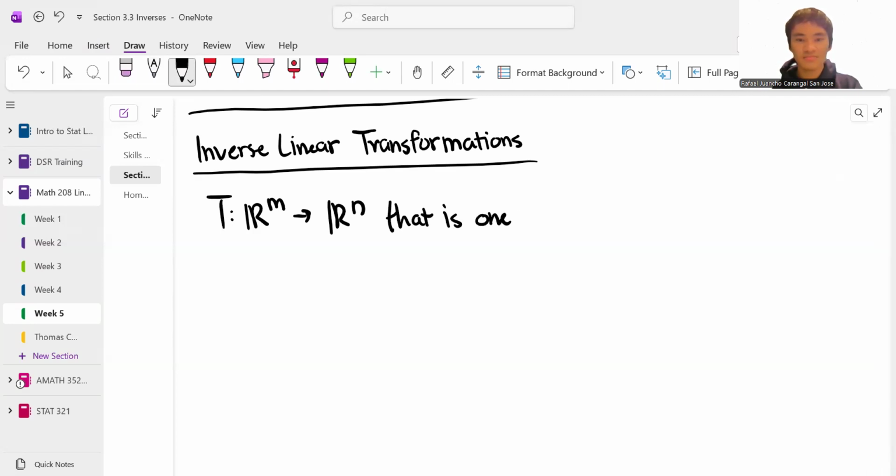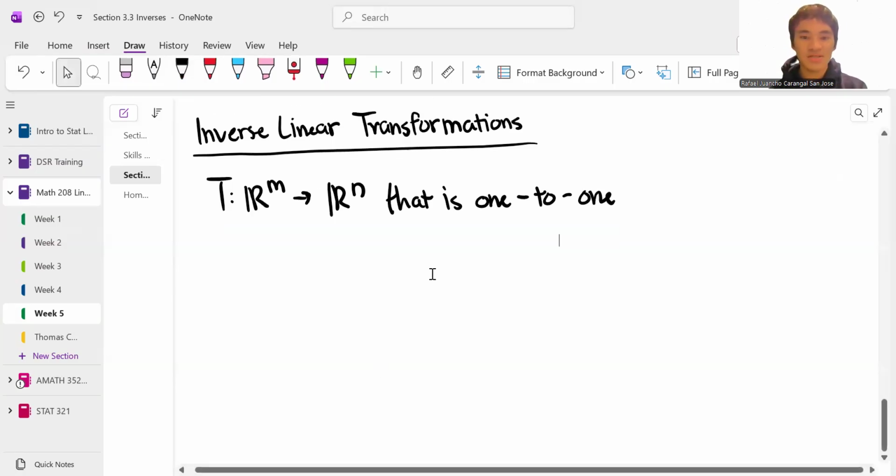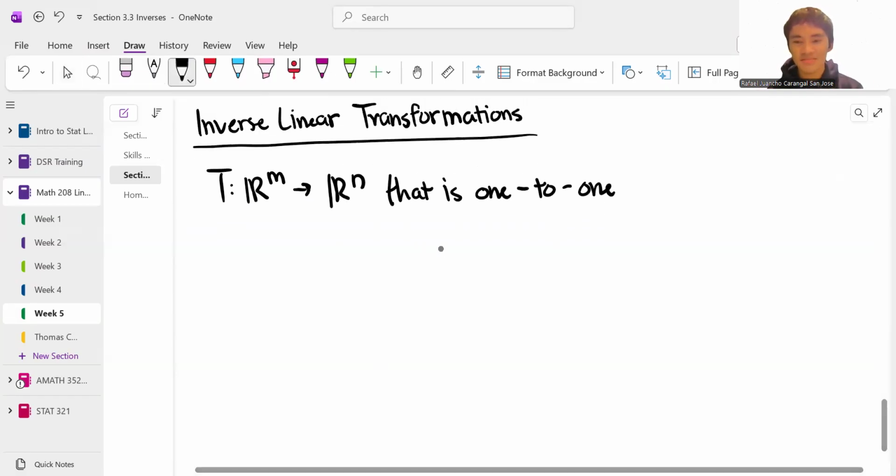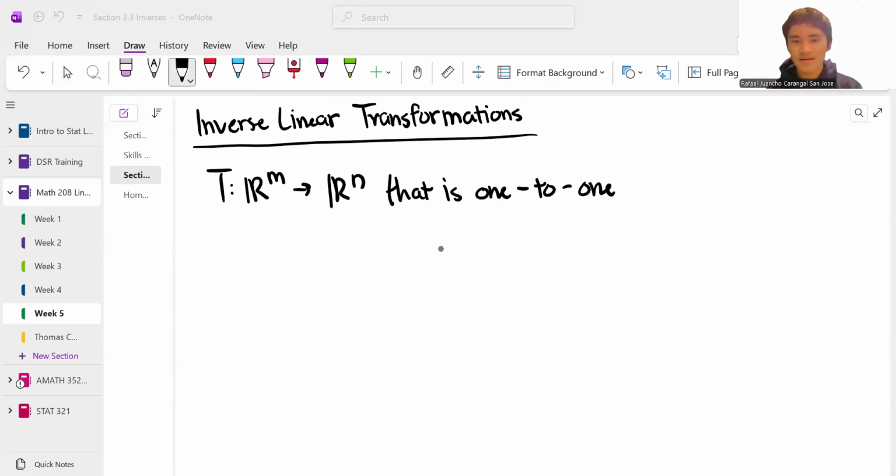1-to-1. So we know what a 1-to-1 linear transformation is, right? Basically means we input some vector, we're going to get a unique vector out of it. And that's the only connection that they have. It's kind of like a function, right? So actually, here's the definition of 1-to-1.